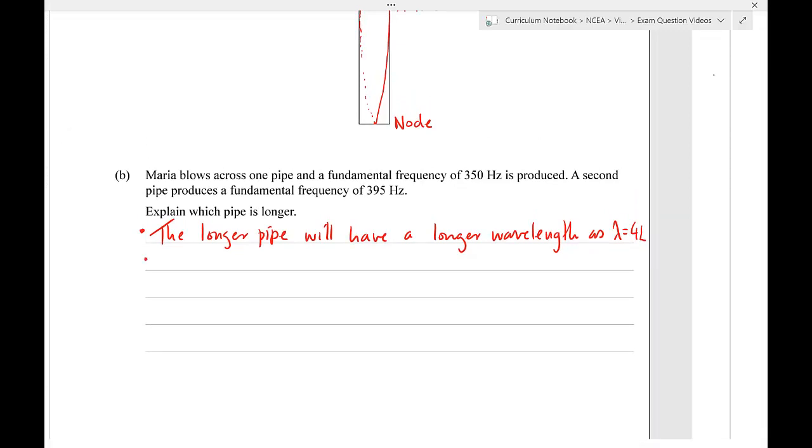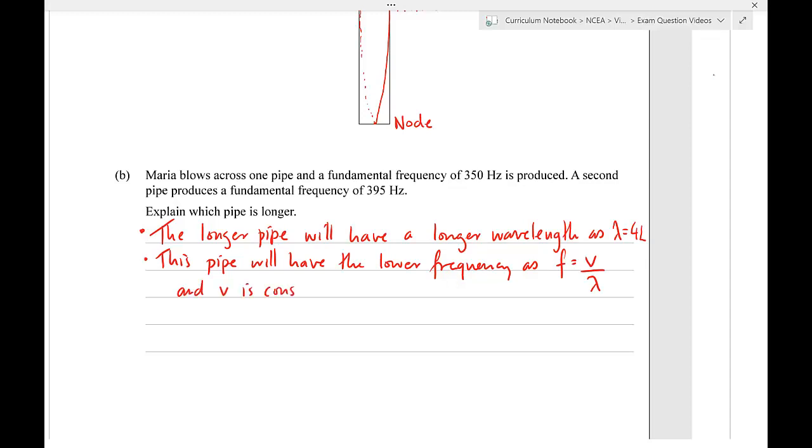The second point that we want to make is this pipe will have the lower frequency, because f is equal to v over lambda, and v is constant. We were told that was 343 meters per second.